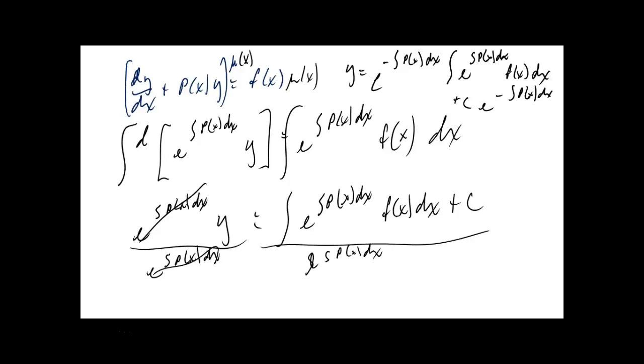Be sure you're in that form to begin with. From the standard form of the equation, then identify what that p of x is. If you had divided by an a of x, whatever that thing turns out to be, that's your p of x.